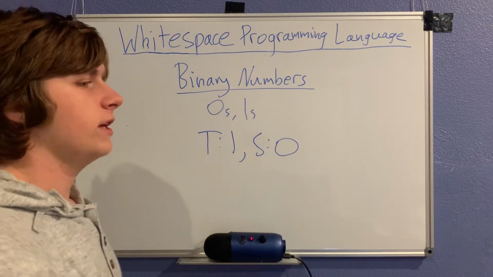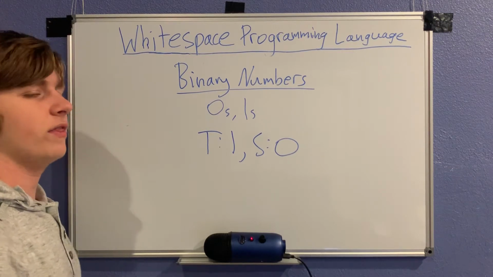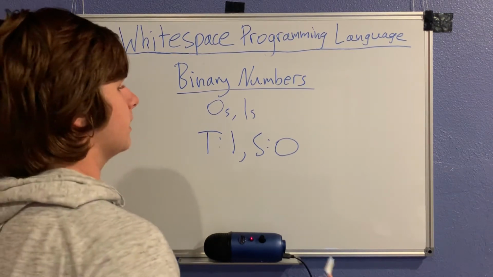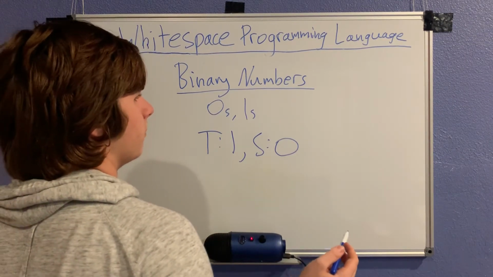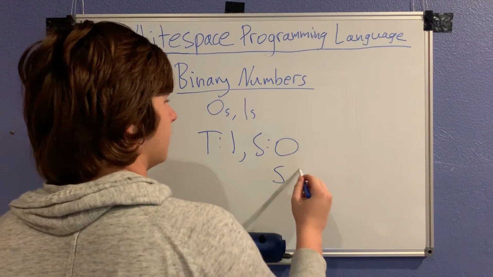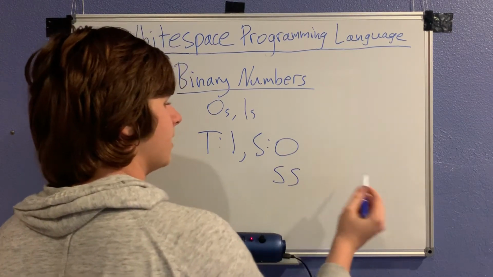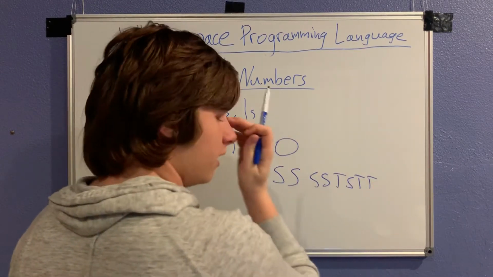But with only 3 characters, we'd have to have a way to actually decide when the binary number ends. Let's say you have a binary number as a parameter, where the IMP looks like that, the command looks like that, and then you have the binary number. I'm just going to write a random one right now.